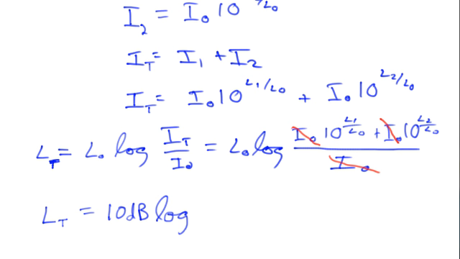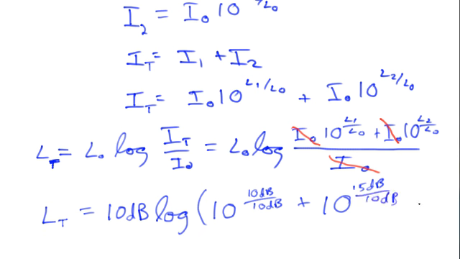And then 10 to the 10 decibels divided by 10 decibels plus 10 to the 15 decibels divided by 10 decibels.